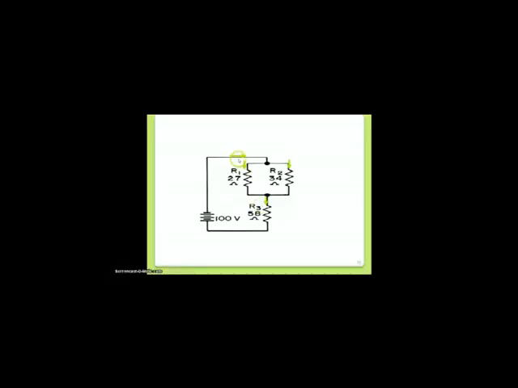So we now have to find the total current and the branch currents. Also, there will be a voltage drop across each of these resistors, which could be different, V1, V2, V3.